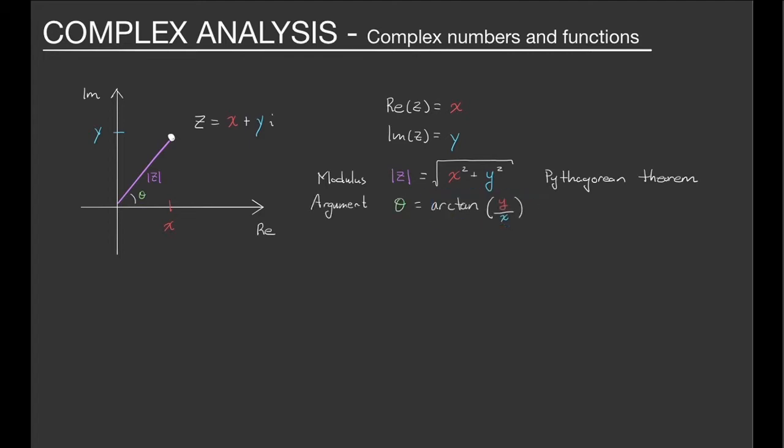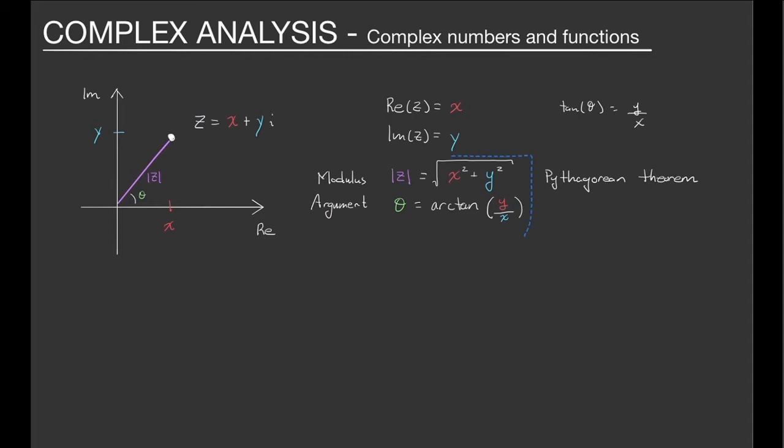And how do we find that? Well, we just use a little bit of trigonometry. Here's a right triangle again. The tangent of this angle is the opposite, which would be y, over adjacent, which would be x. That sets up tangent of this theta is y over x, opposite over adjacent. And then, of course, we take the arctan or inverse tan of both sides to end up with this.